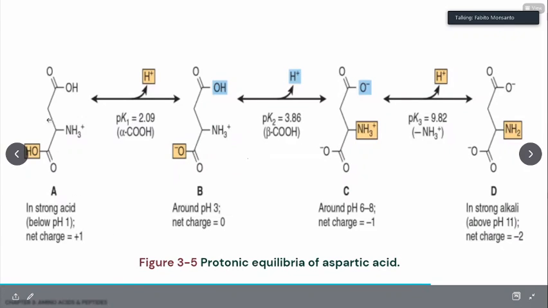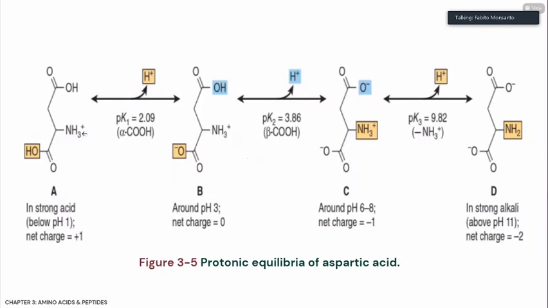Your aspartic acid in strong acid, below pH 1, you will notice that the amino group is protonated and becomes positively charged. So the net charge here is positive 1.